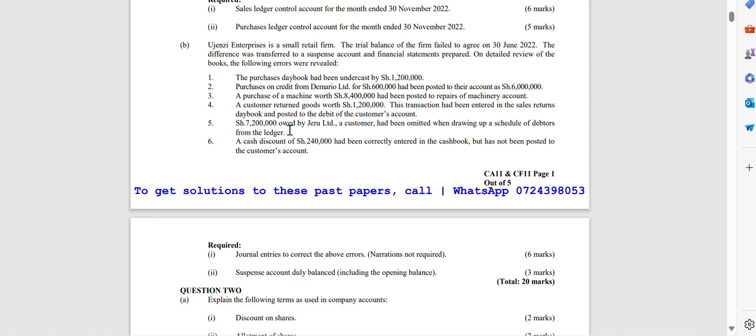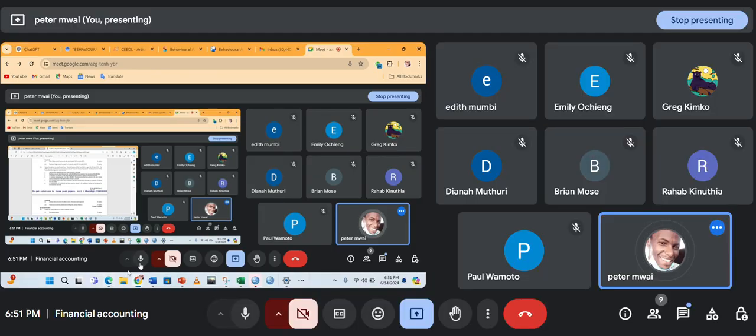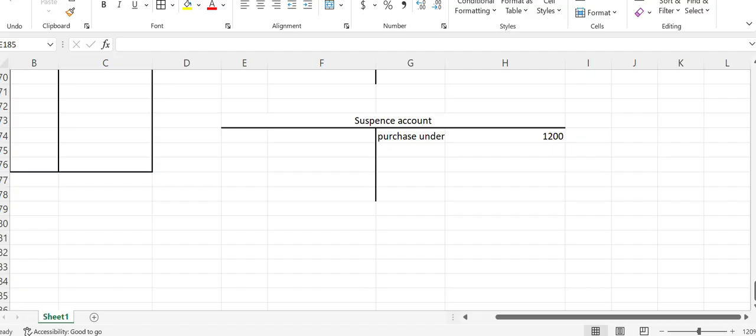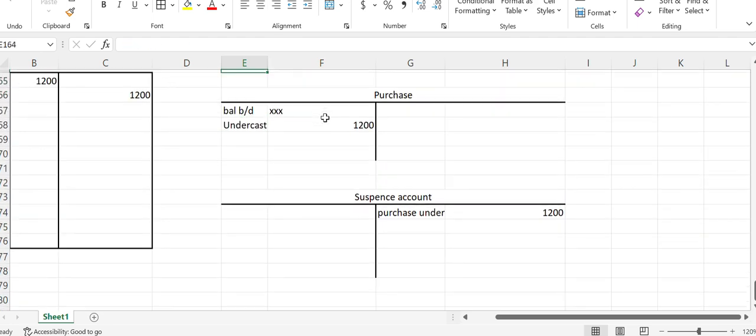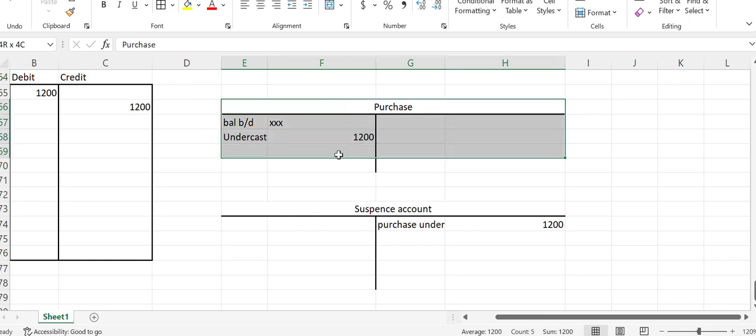So let me go back to what the question was saying. Purchases on credit from the Mario Limited for 600,000 had been posted to the account as 6 million. So you open the purchases account. You already have a purchase account here. Allow me to open another account here. You can even open 2 accounts.